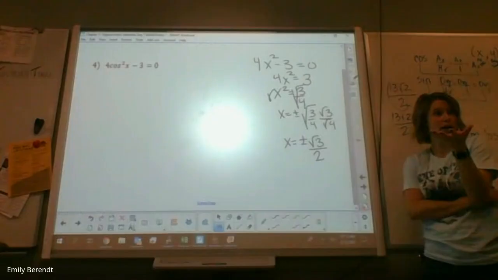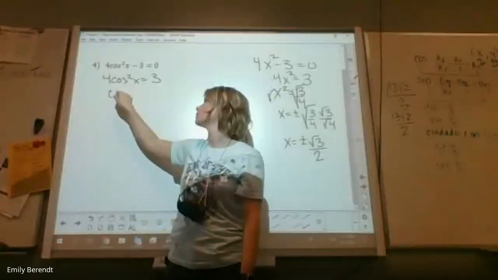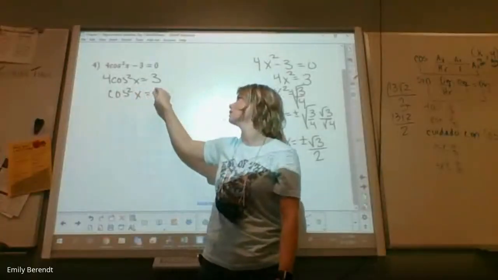Let's figure out what it wants. What are we going to do? We're going to add 3. We're going to divide by 4. Your next step after you divided by 4 was to square root it. So we're going to square root it.